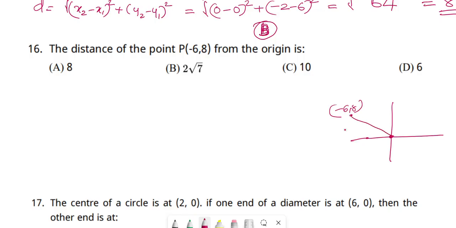So the distance between the origin and the point P, again the distance formula only. Distance from the origin is root of (x2 minus x1) the whole square plus (y2 minus y1) the whole square, because the origin is (0, 0), so it will become root of x square plus y square.